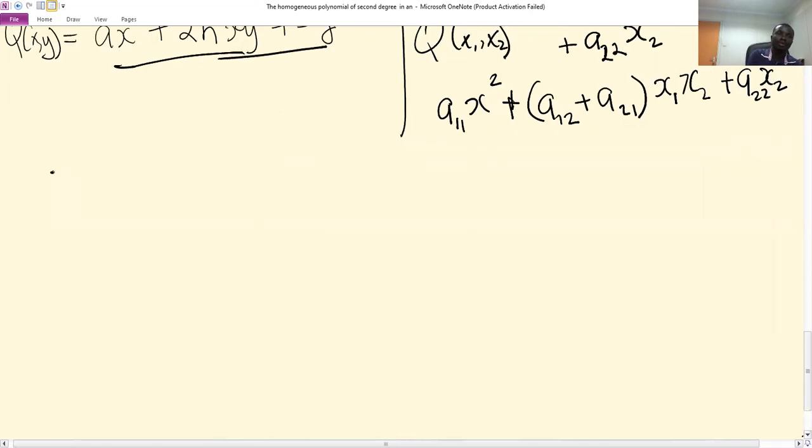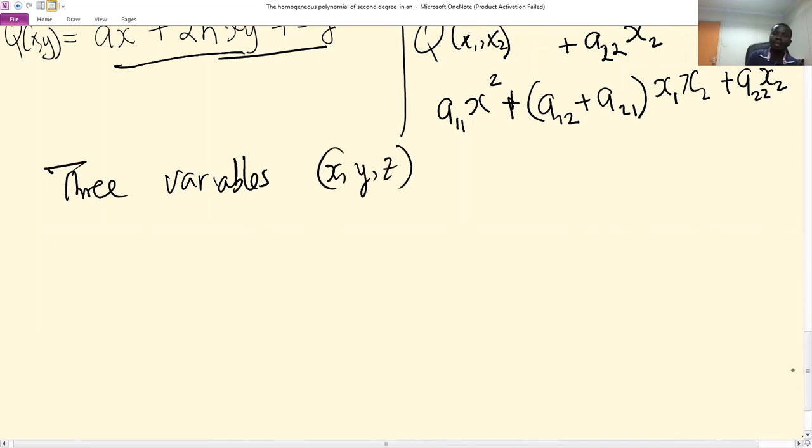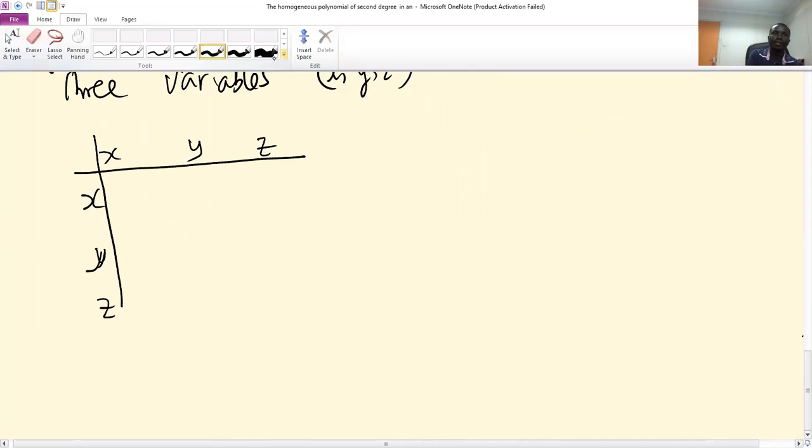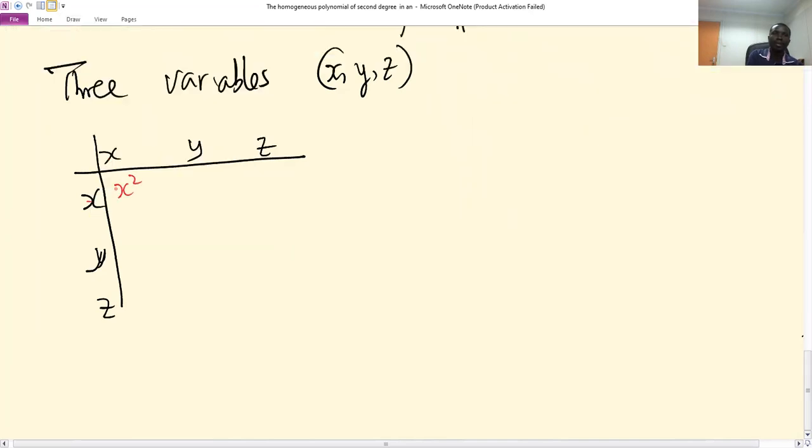For when we have 3 variables, x, y, and z, then you write x, y, z, x, y, z, and so this by this is x squared, x times y is xy, x times z is xz, y times x is yx, y times y is y squared, y times z is yz, z times x is zx, z times y is zy, z times z is z squared.